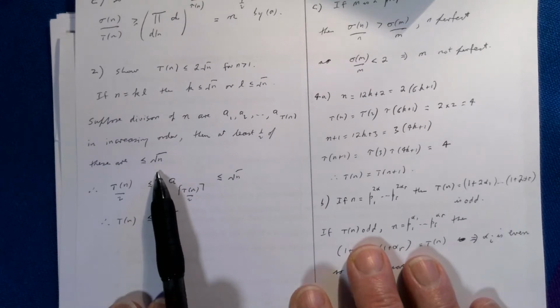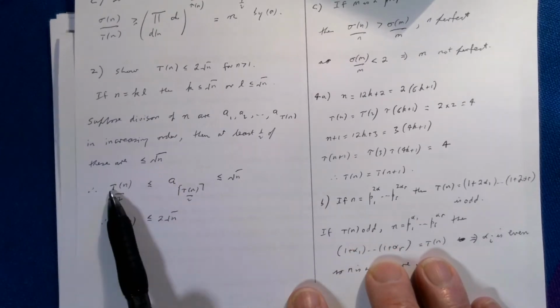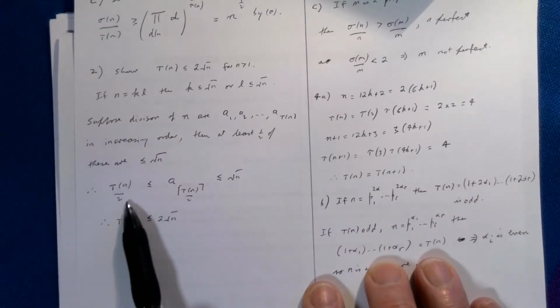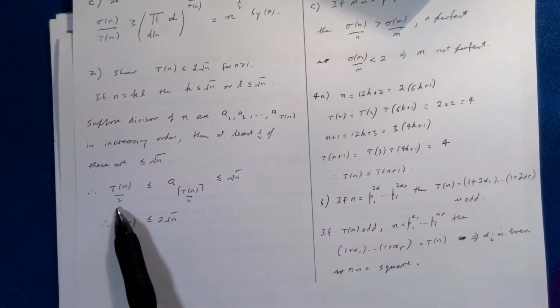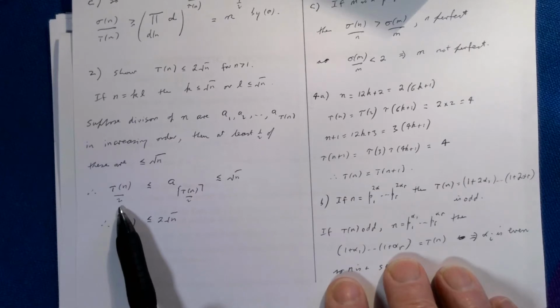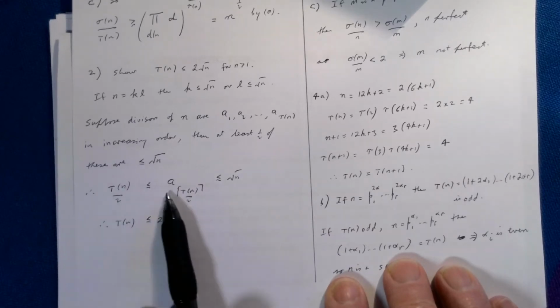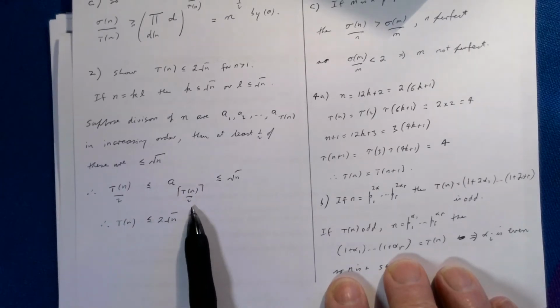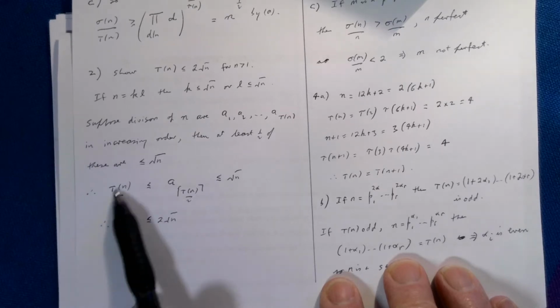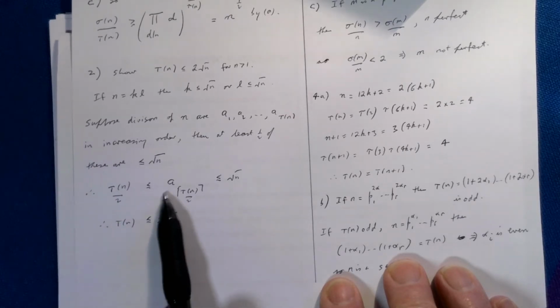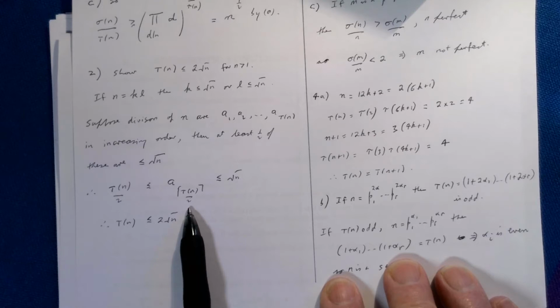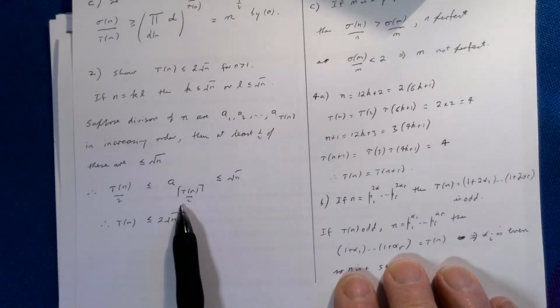So if we take tor of n on 2, that is the index of half the number of divisors. So the divisor number has to be less or equal to the divisor itself. So tor of n on 2 is less or equal to a to the ceiling of tor of n on 2, in the case when this is not an integer, which can happen.